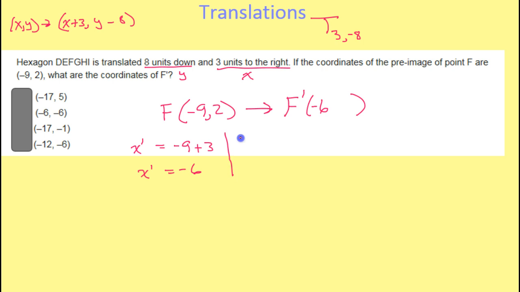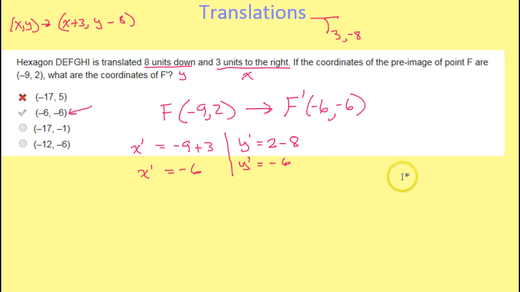And then for the new y value, I'll call it y prime, it should be the old y value minus 8. And 2 minus 8 is negative 6 again. So this should be the answer. So the answer should be this second one right here. Check it out. Easy as pie.